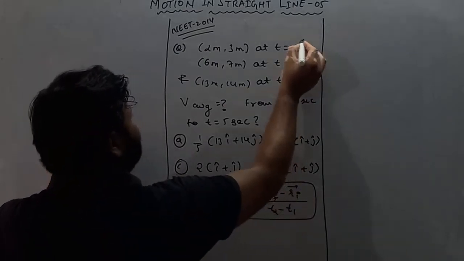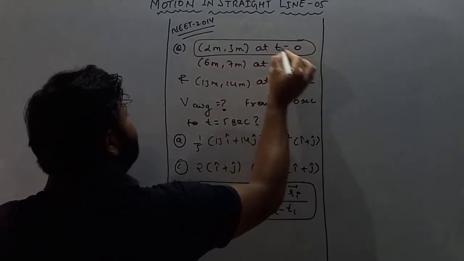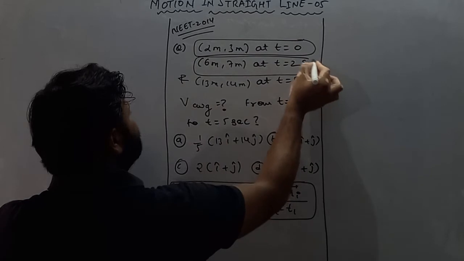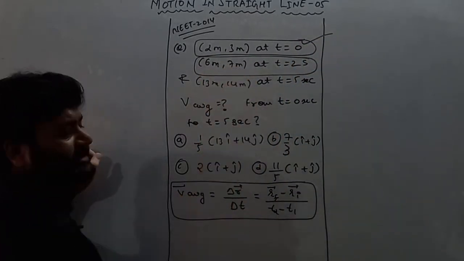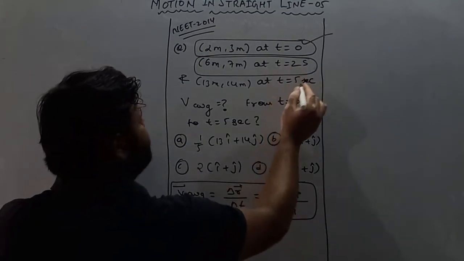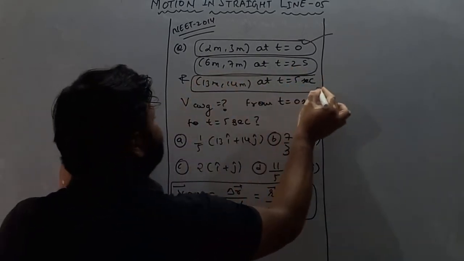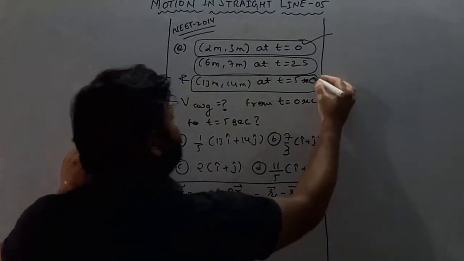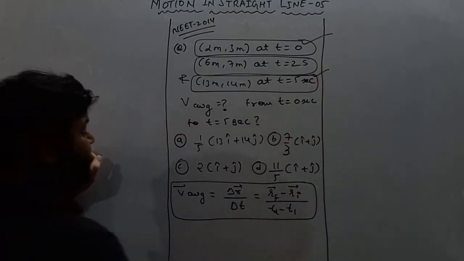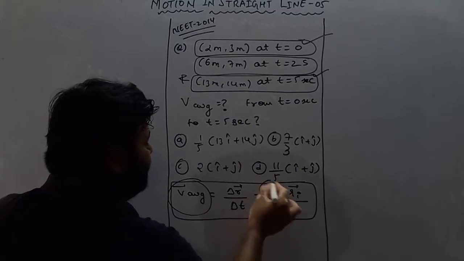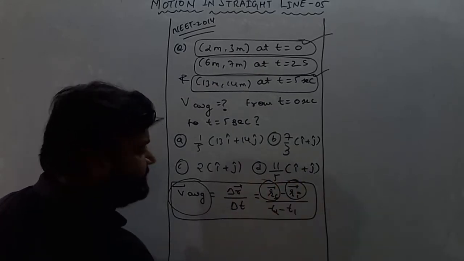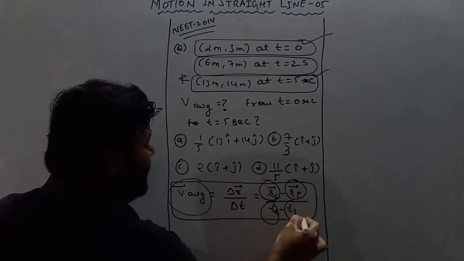See, here we have 3 coordinates at 3 different times. One is 2 comma 3 at t equals 0 second. Second is 6 meter comma 7 meter at t equals 2 second. And third is 13 meter comma 14 meter at t equals 5 second. We know that for finding average velocity, we only need final position vector, initial position vector, final time and initial time.